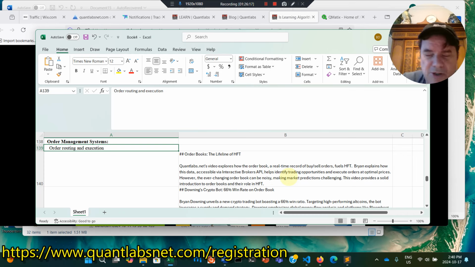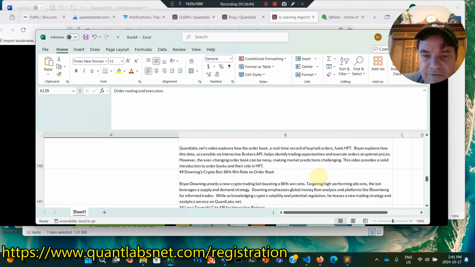TradingView might be an option because you can see that data on TradingView. I've shown videos on that. So you can see trading opportunities and execute orders from those optimal prices. But the order book changes a lot and can be noisy, and this is where the market making predictions come in and why a lot of the high frequency trading firms do that. A solid introduction to order books and their role in HFT.